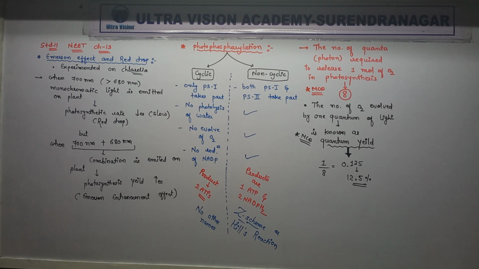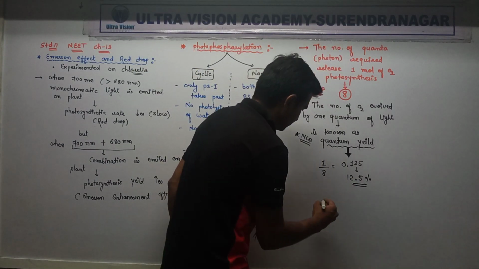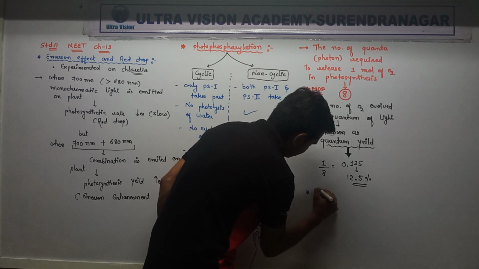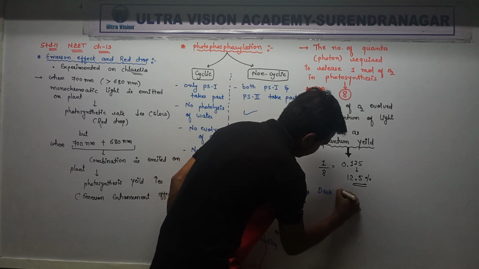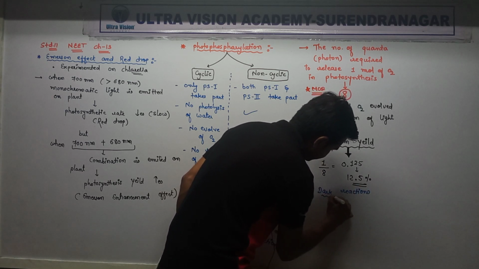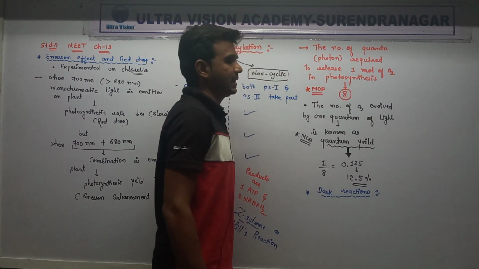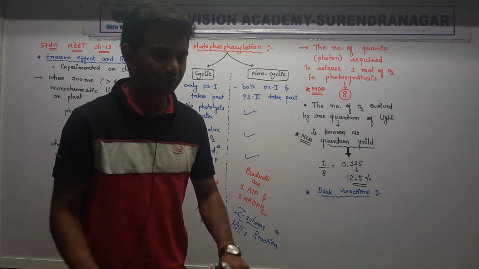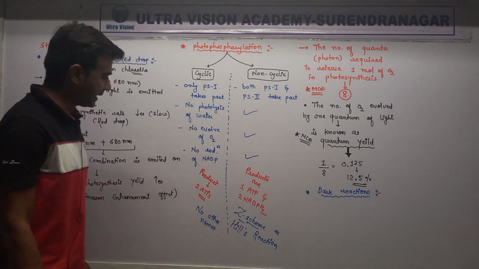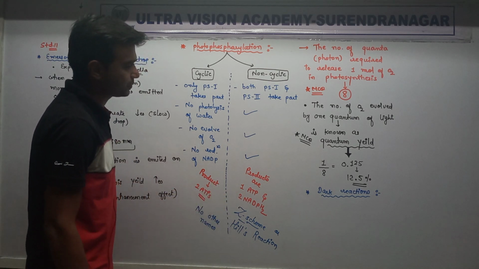Now, the dark reactions. As you know, ATP and NADPH2 are used here. Light reactions are over, and at the end of the light reactions we obtain ATP as well as NADPH2.